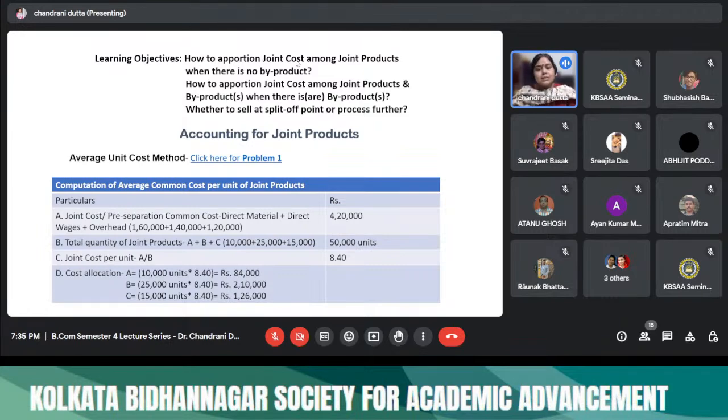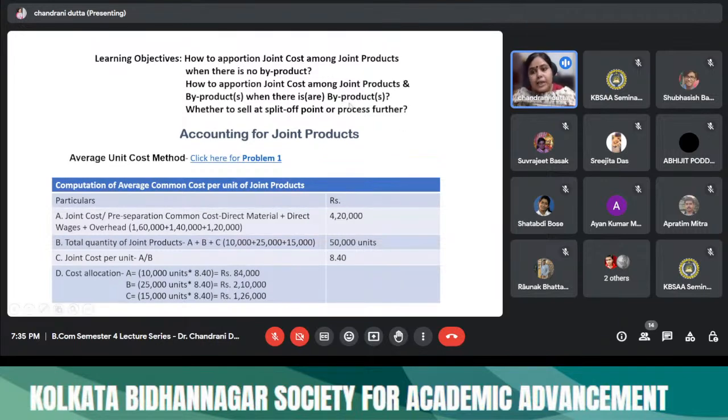Otherwise, how will you assess the profitability of the product individually? Okay, so this is a very important part. So you need to know how you are going to apportion the joint cost among the joint products when suppose there is no byproduct. This is the first. Second objective is you need to know how to apportion the joint cost among joint products and byproducts when there can be a single byproduct or multiple byproducts.